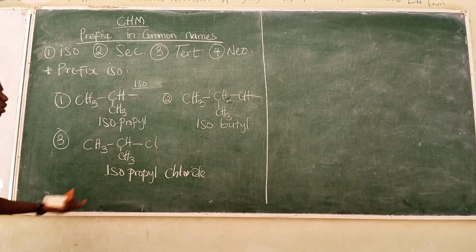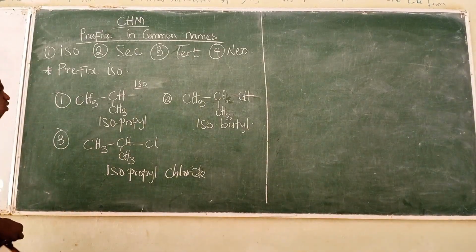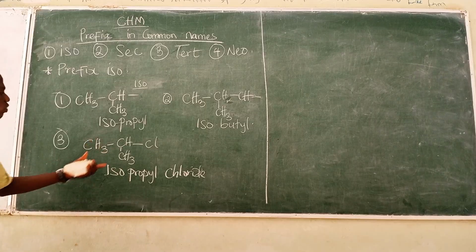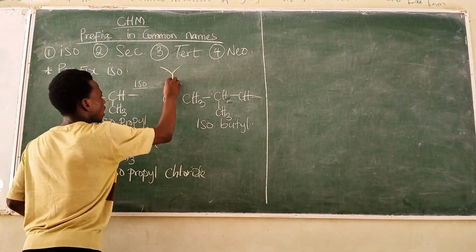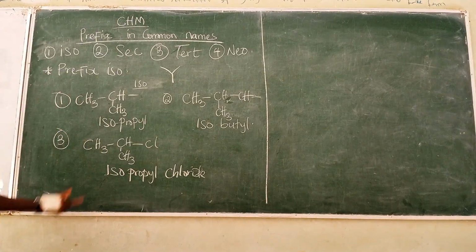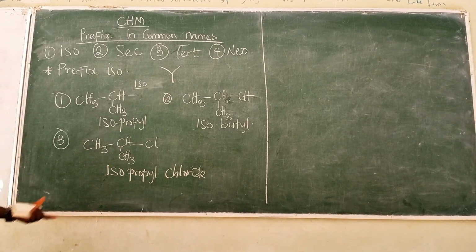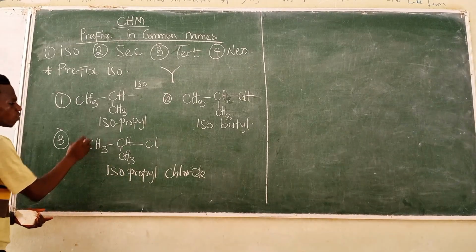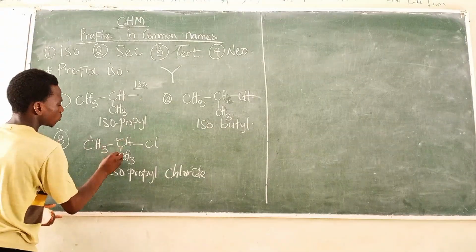So this is how you name organic compounds with the prefix iso: a methyl group bonded to the second to the last carbon atom of the parent chain. Now, if you observe all of these compounds, you will see that all of them give you the Y shape. So going by the IUPAC name, what are you going to give as the IUPAC name of this particular structure? For the IUPAC name, you first identify the longest continuous carbon chain, which in this case is 1, 2, 3.